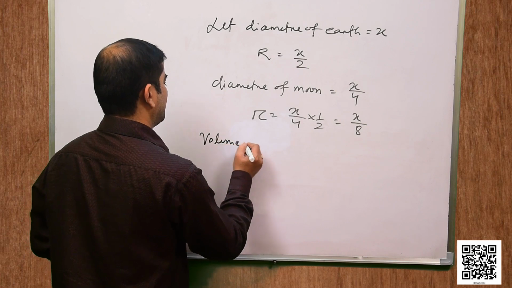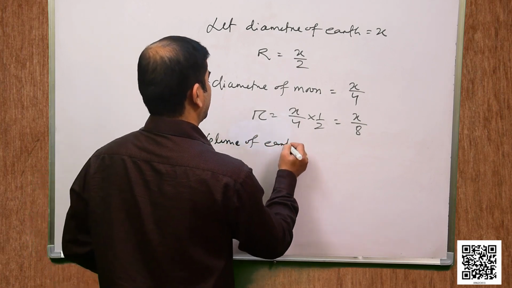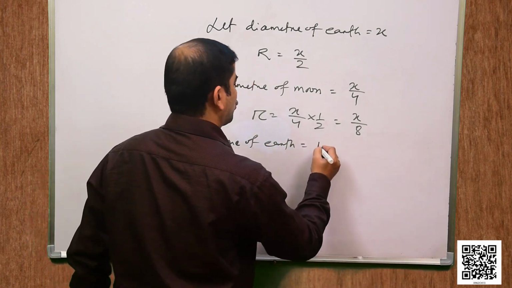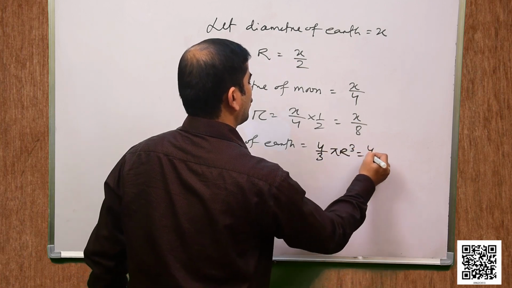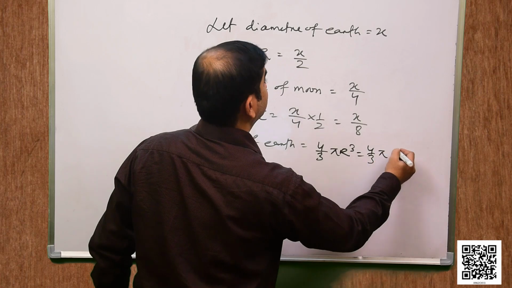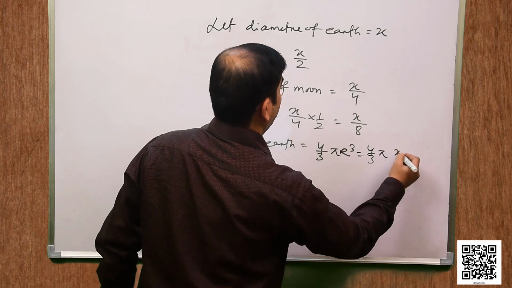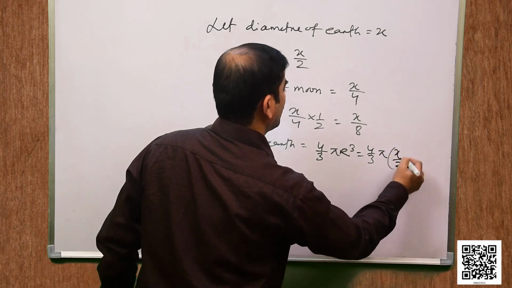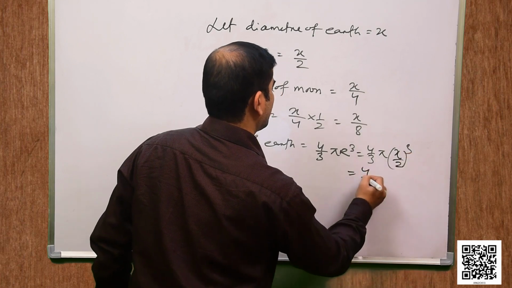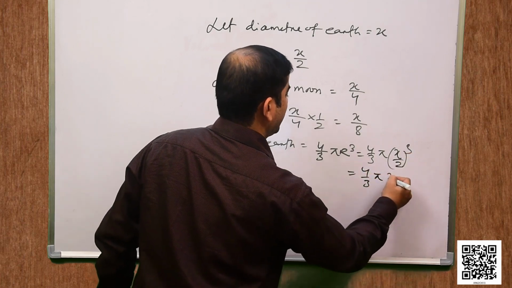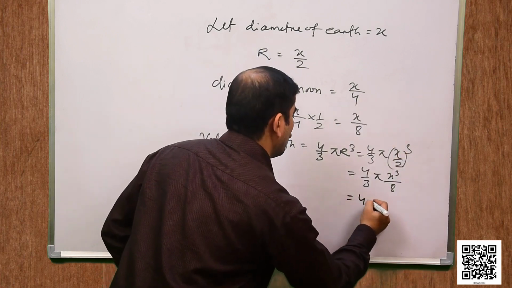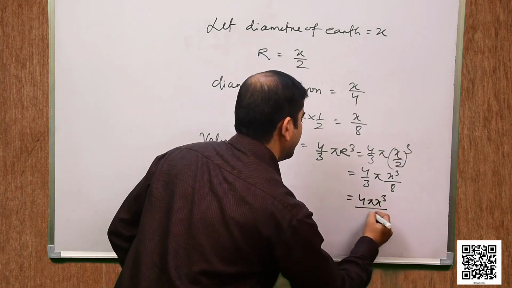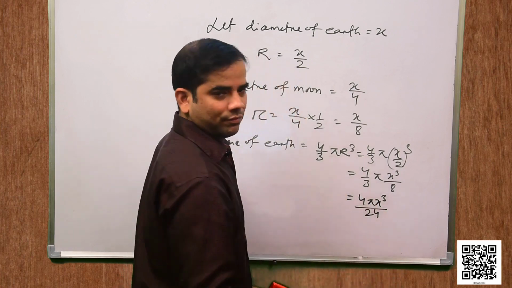Volume of earth is equal to 4 by 3 pi r cube, that is 4 by 3 pi into x by 2 cube, that is 4 by 3 pi x cube by 8, that is equal to 4 pi x cube divided by 24.